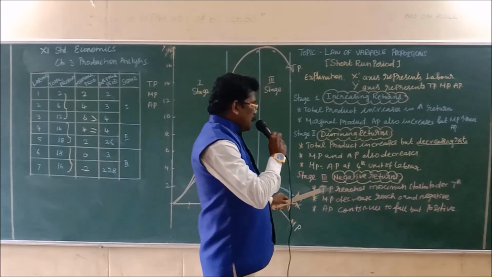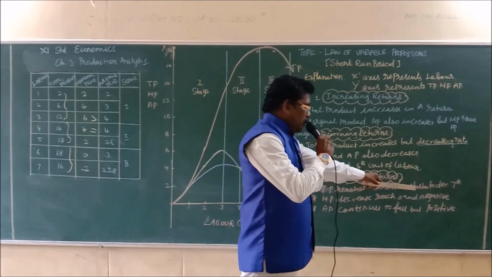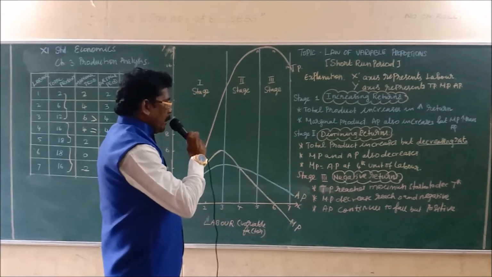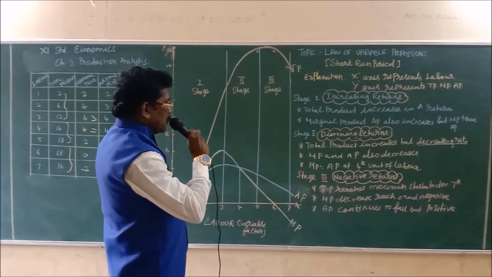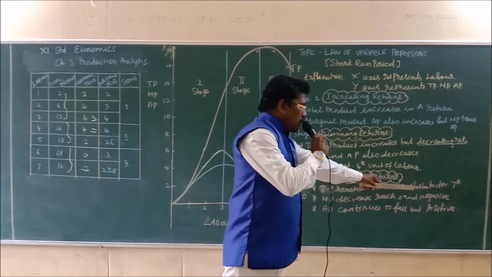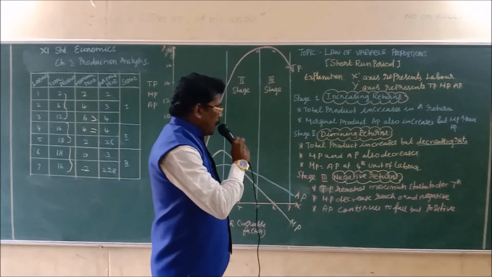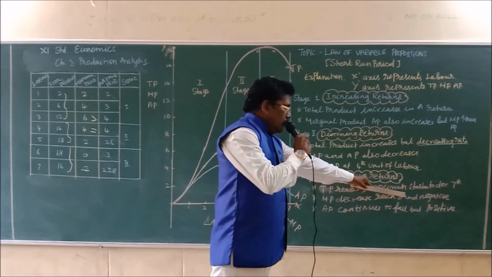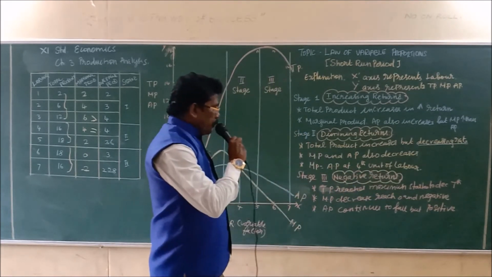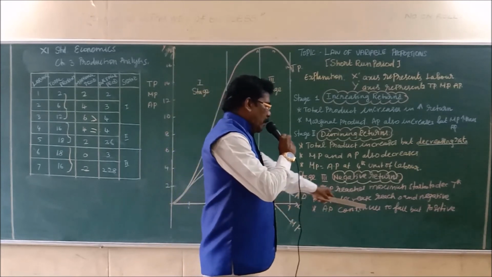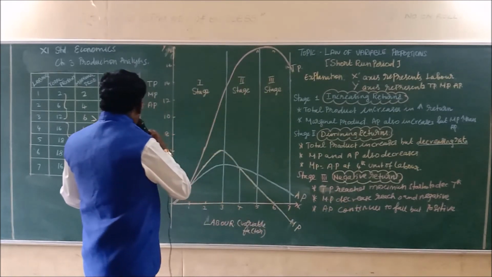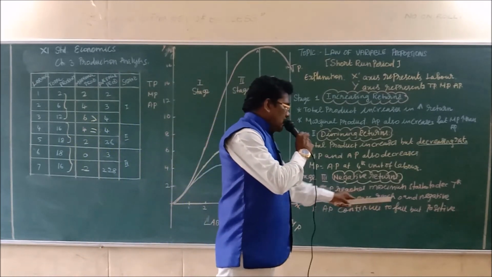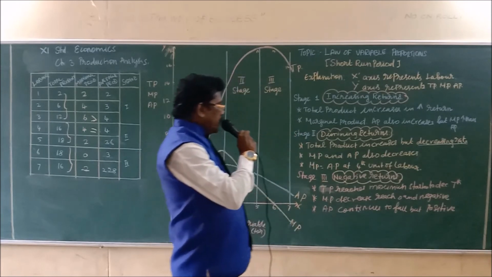Because total product reaches the maximum and starts to decline. Even when they add an additional unit, that is the 7th unit of labor, the total production starts to decline. The marginal product reaches 0 and then goes negative, to -2. The average product continues to fall, from 3 to 2.2, but remains positive.